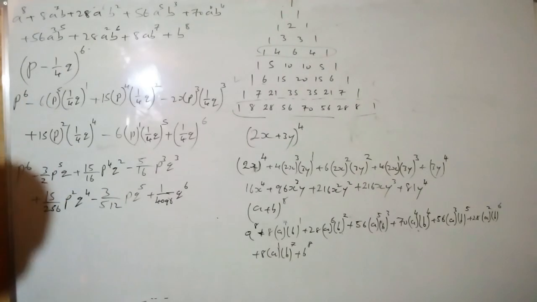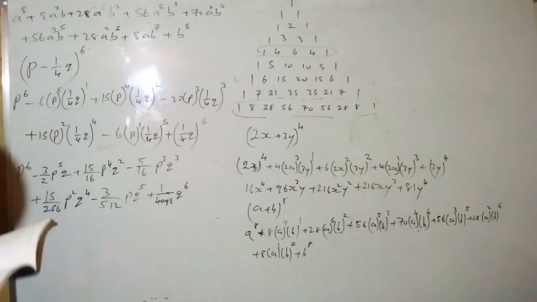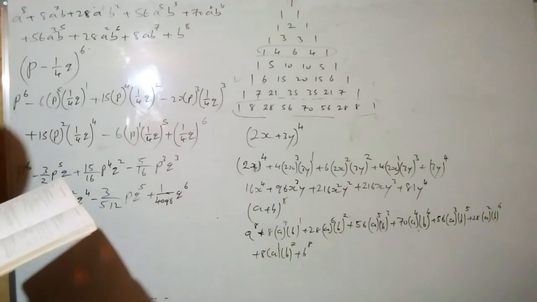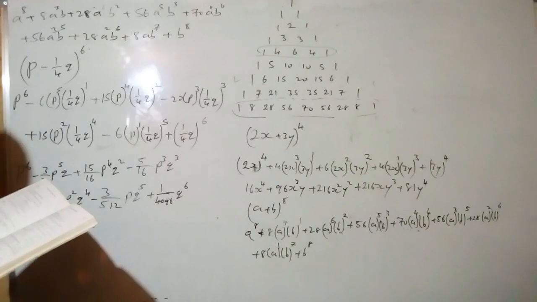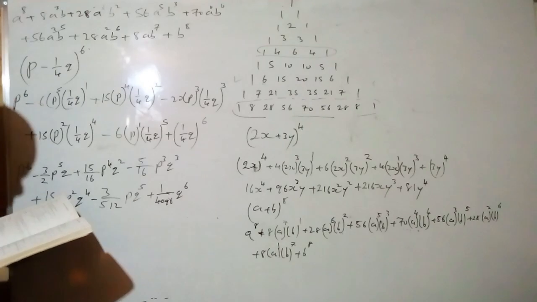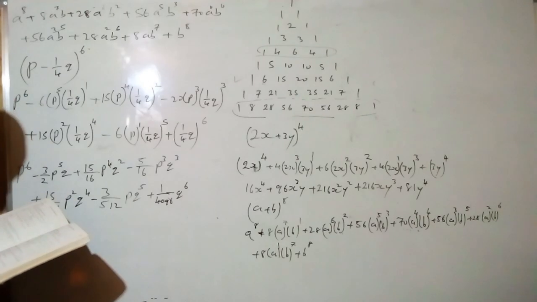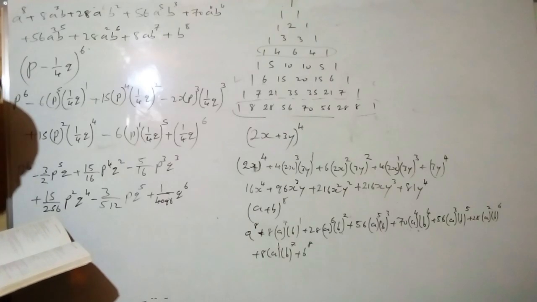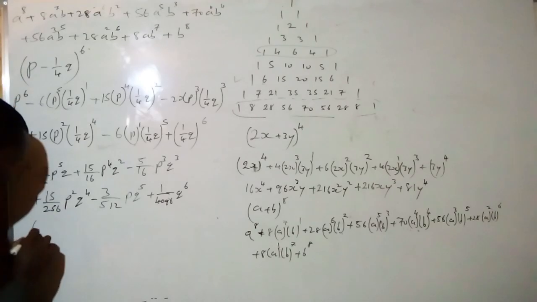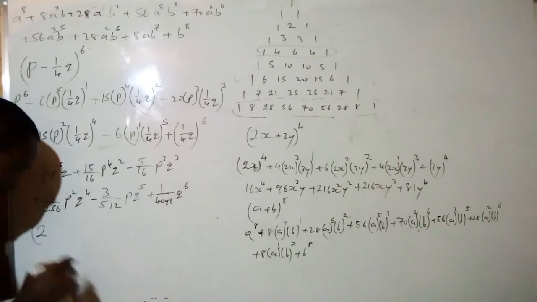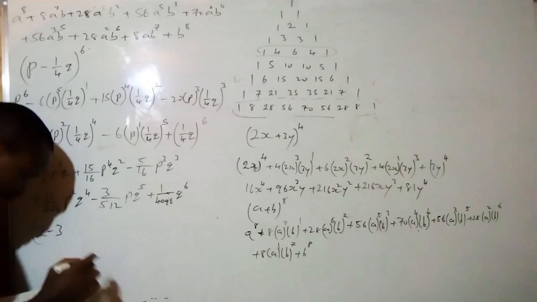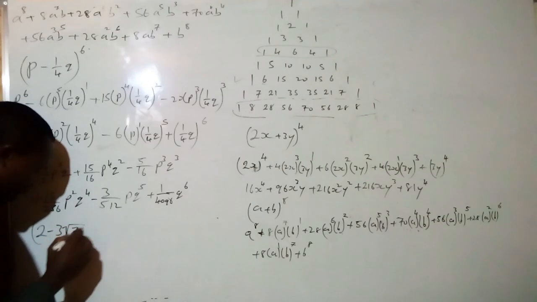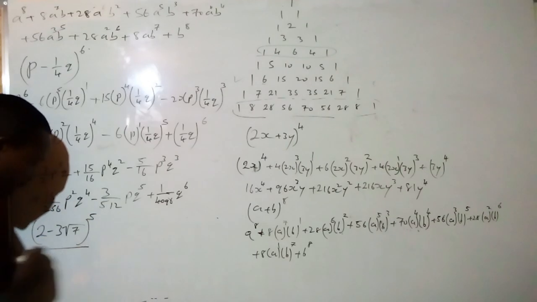Next, you can be given, expand the following, giving your answer in surd form. Yeah, you give your answer in surd form, where you are given (2 minus 3 root 7) raised to power 5. We are going to do the same.